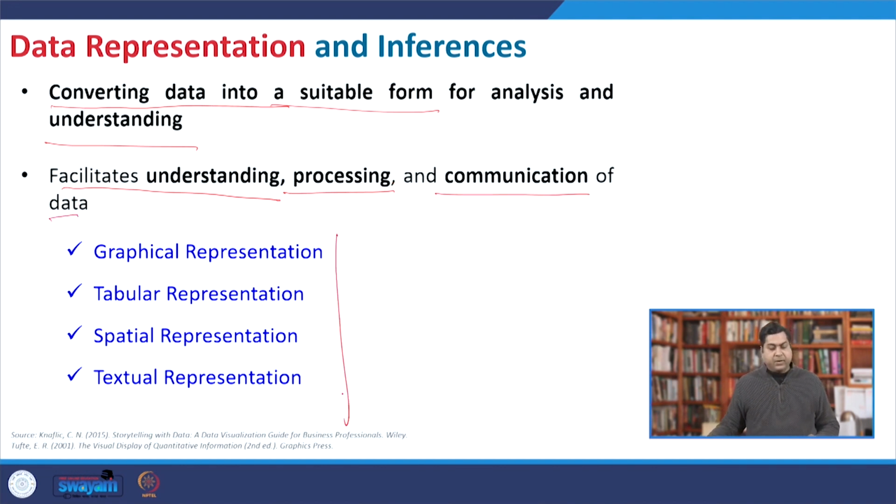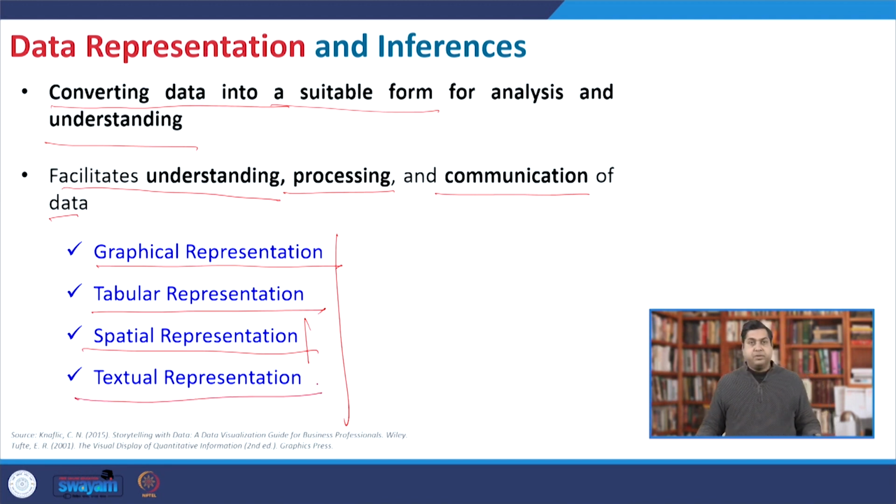Broadly, if we classify data representation, we can represent our data in a graphical form and in a tabular form. And obviously, when we are discussing planning and architecture, how can we ignore the spatial representation, which is also very important nowadays for research where spatial analysis is involved.